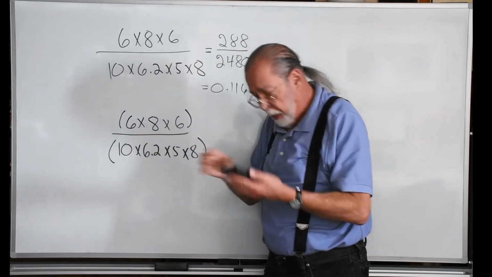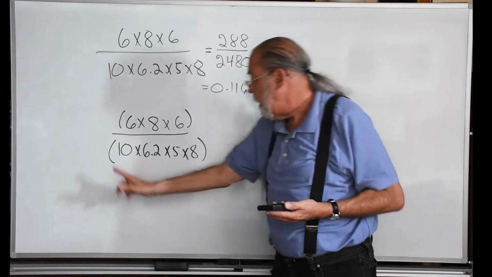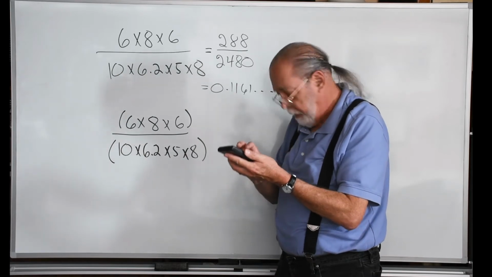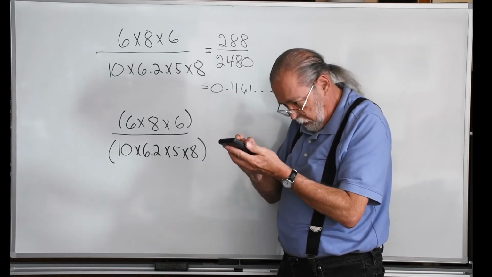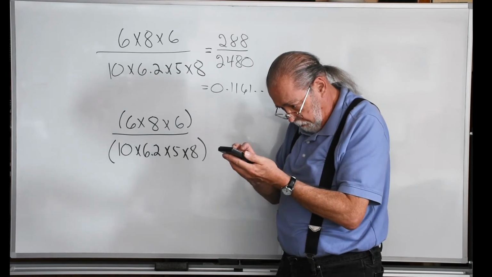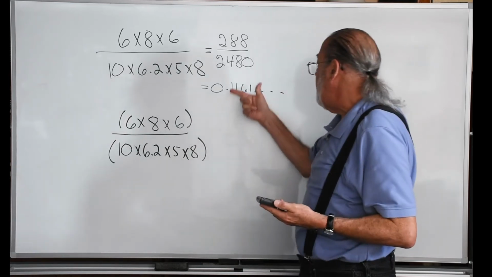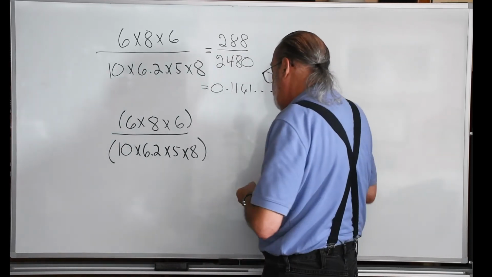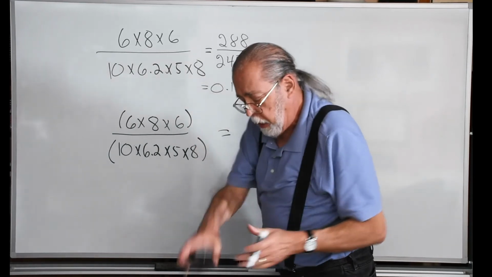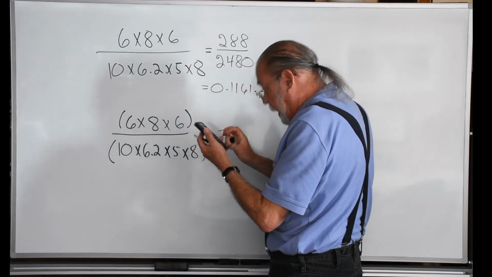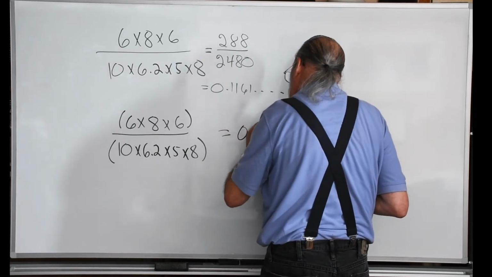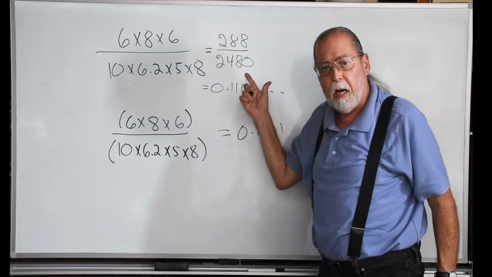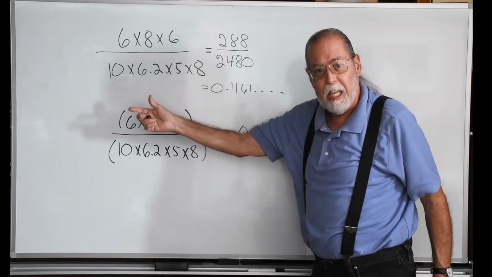Now I hit divided by, and then this parenthesis, 10 times 6.2 times 5 times 8, close the parenthesis. Now I have this, and then I hit a final equals sign, and I get exactly the same number without copying anything out of the calculator and without putting anything back in.